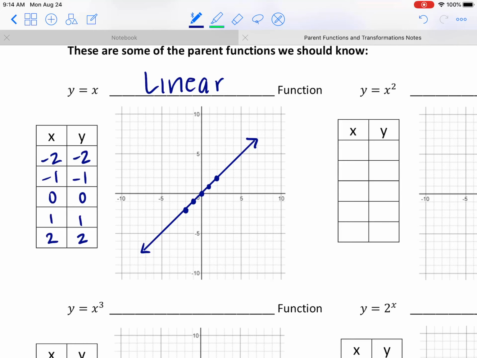Again, every other linear function that we graph is just some transformation of this one.